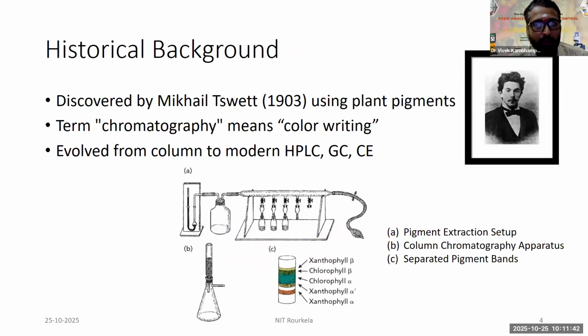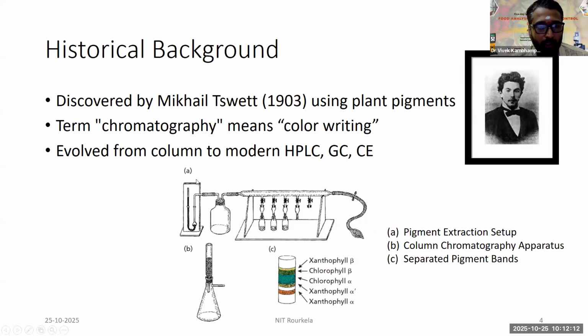Some historical background you can see. This particular method was invented in the year 1903 by Michael Tswett. He discovered the principles of chromatography using plant pigments. He analyzed a plant, any kind of plant, and identified different pigments present in the plant: xanthophylls, chlorophylls.